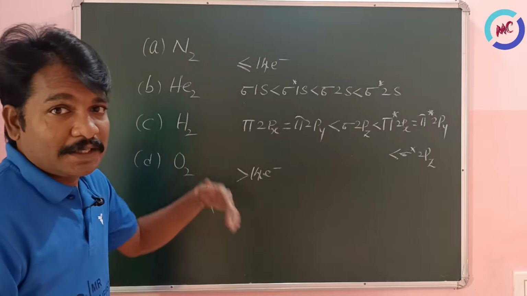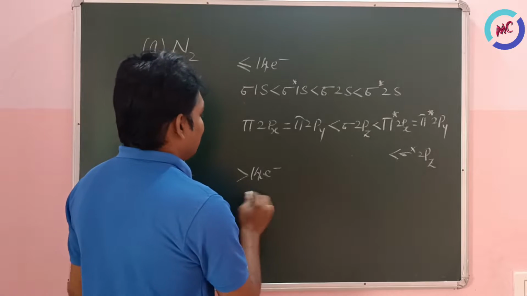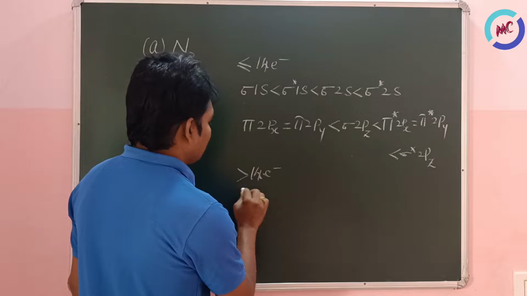And then for molecules with greater than 14 electrons, there is a small variation.